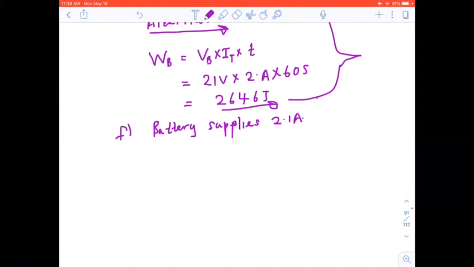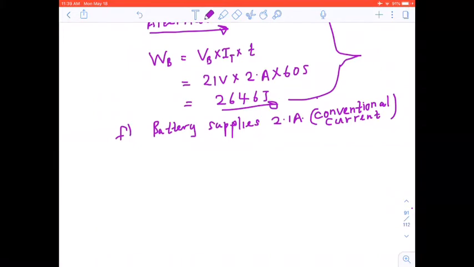So if the battery supplies 2.1 amps, we need to know how much charge is being supplied. And we're looking at a conventional current, which means we are saying the charges move from the positive terminal to the negative terminal, and we assume that the positive charges are moving.